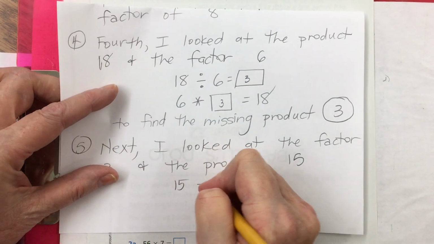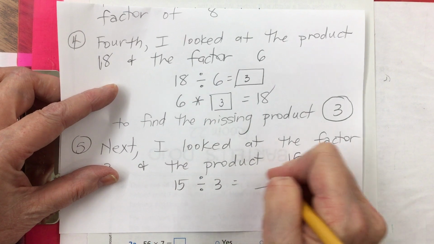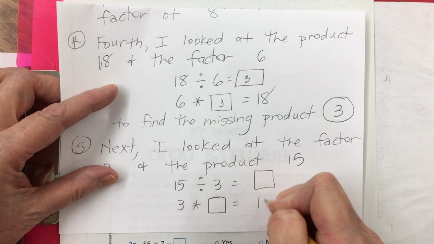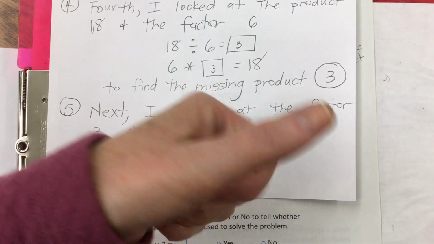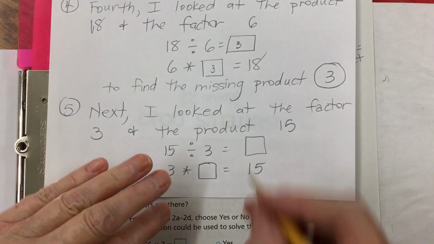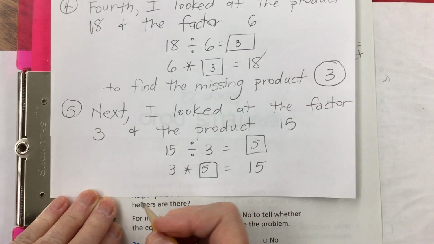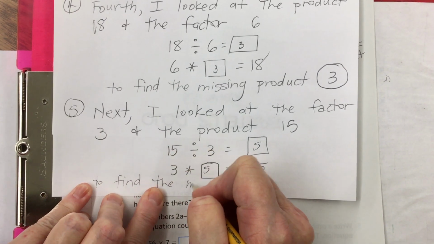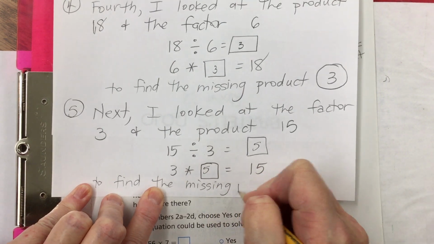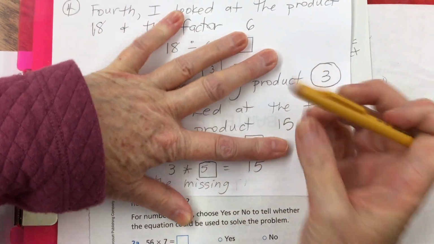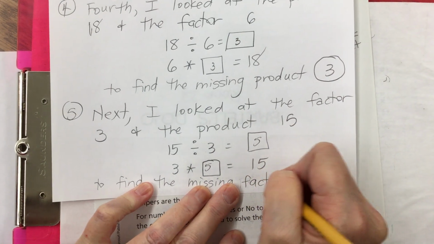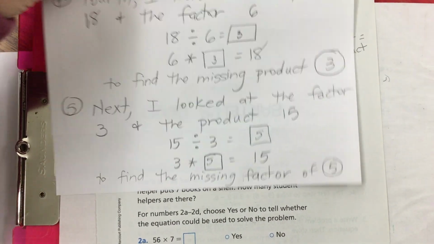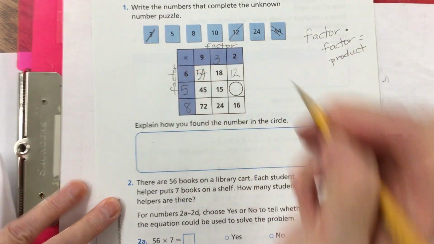So 15 divided by 3, or 3 times something equals 15. 3, 6, 9, 12, 15. So it's a 5. So now we get to find the missing factor of 5. Okay, so a 5 goes right there.